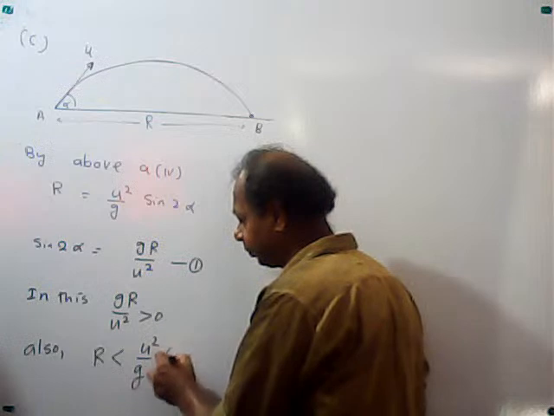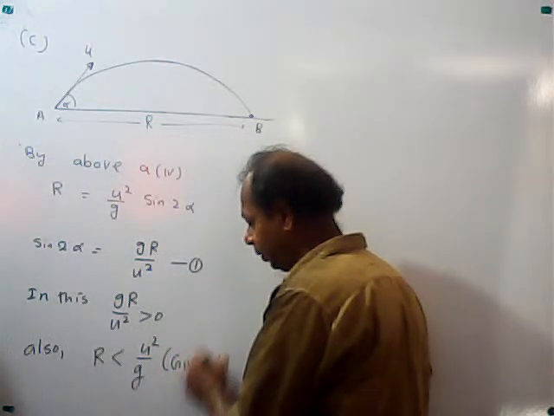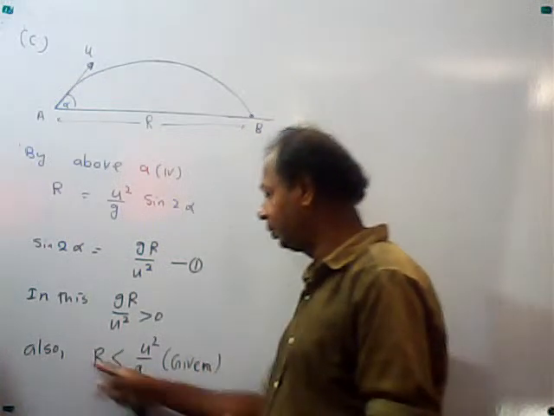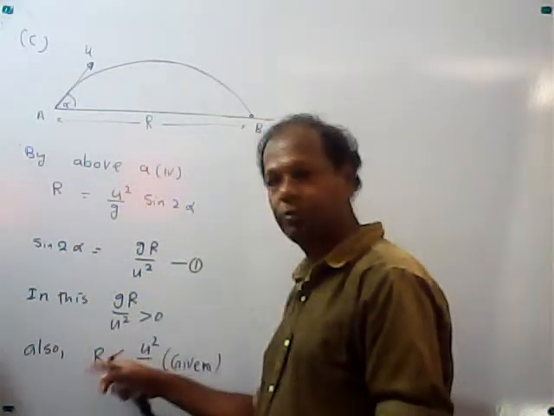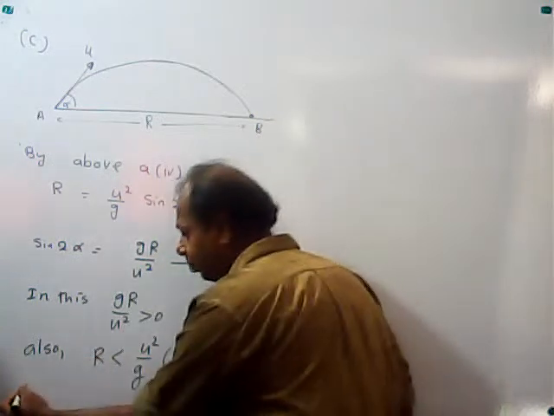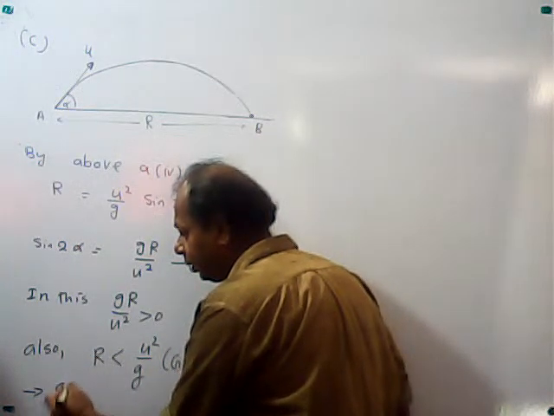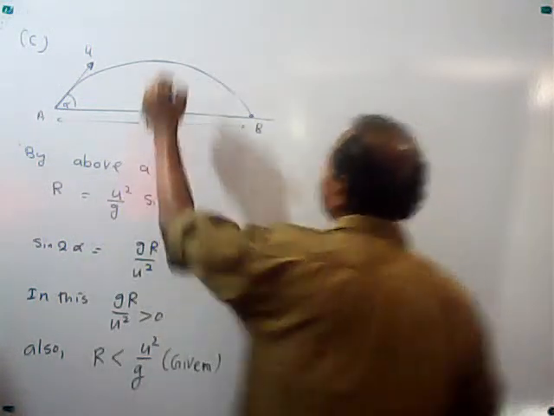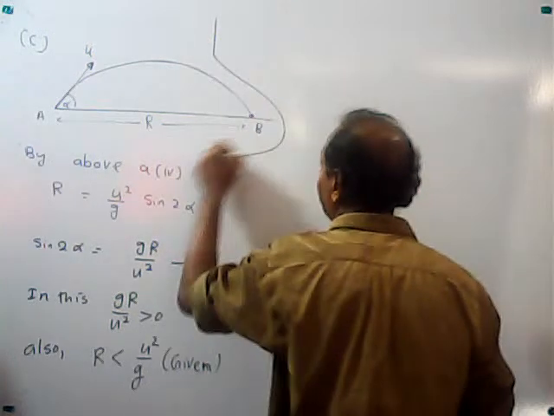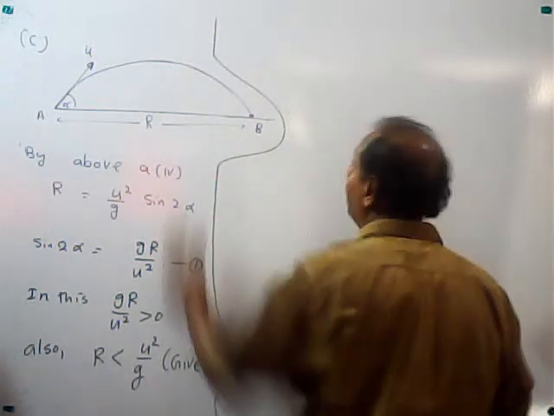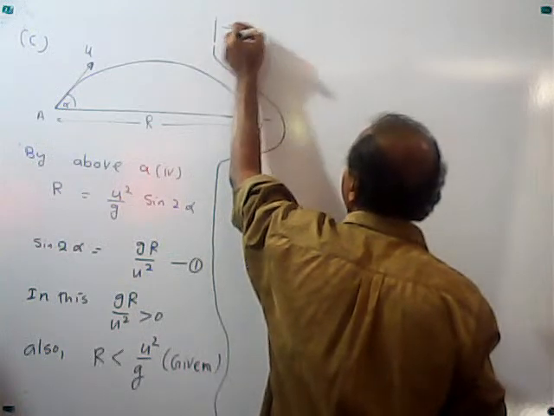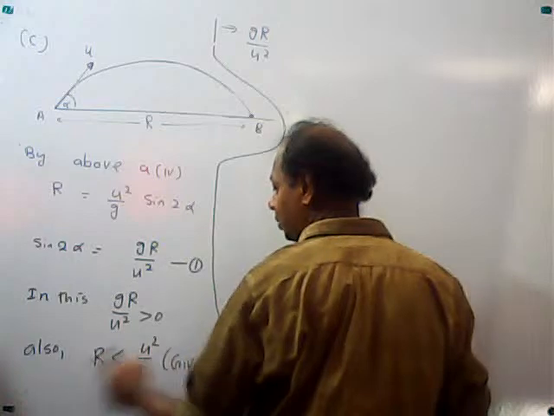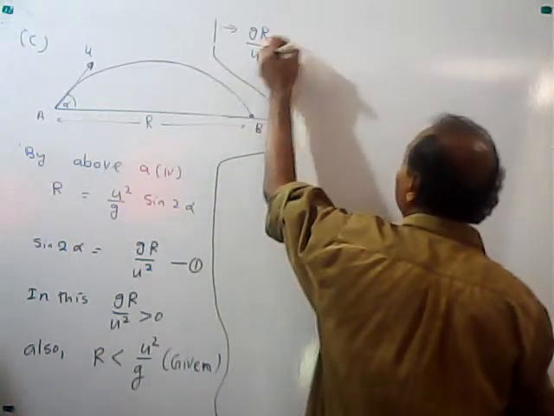Taking it to the other side, this implies g r over u square is less than 1, when you take this term to the other side, only one remains.